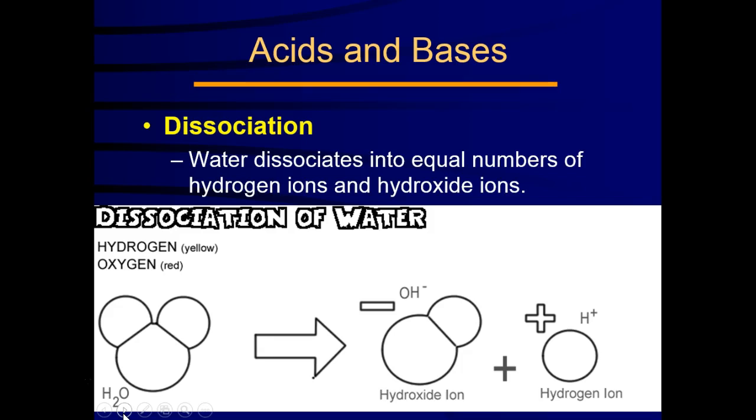That's a similar word root or definition to what we have in chemistry. Now, what will happen is just a tiny, tiny fraction of those water molecules will do that. And they'll dissociate into a negative hydroxide ion and a positive hydrogen ion.